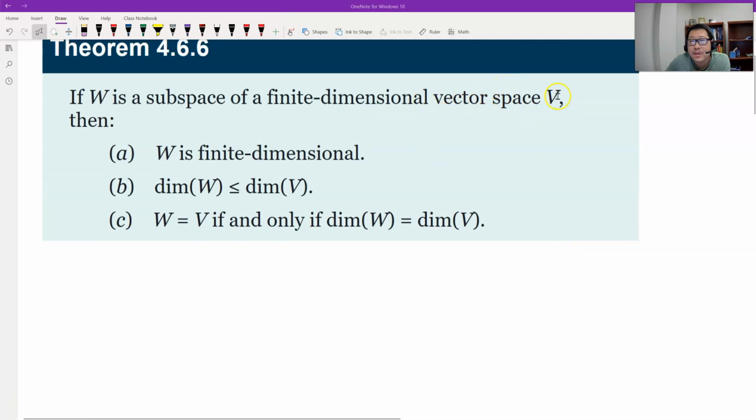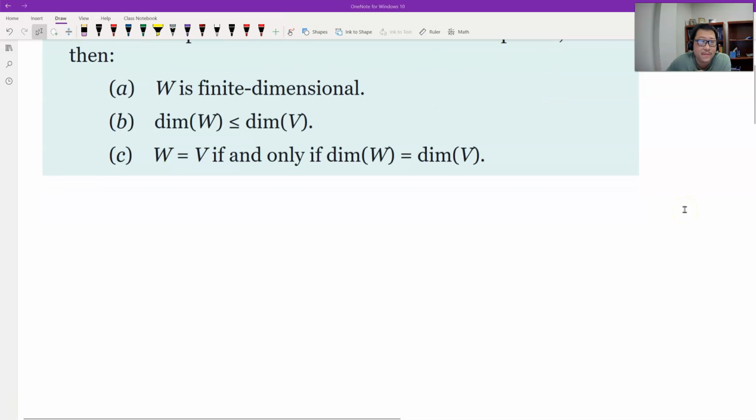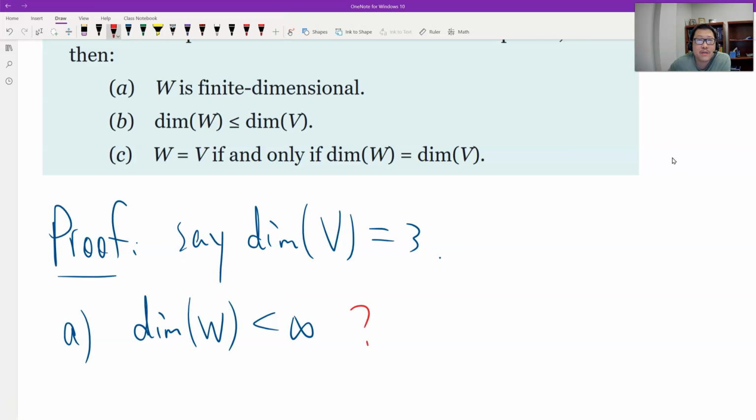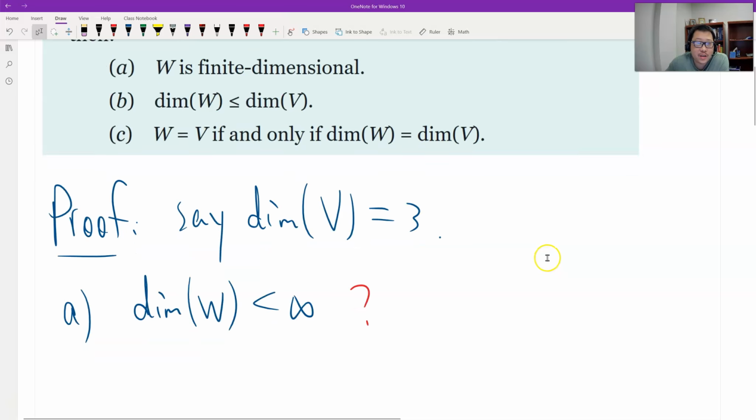We can set up the dimension of the whole space V as, say, 3. Okay, and the same goes for other dimensions. For the first one, A, we have to prove W is finite dimensional, meaning the dimension of W is less than infinity, right? Why? We can use proof by contradiction.